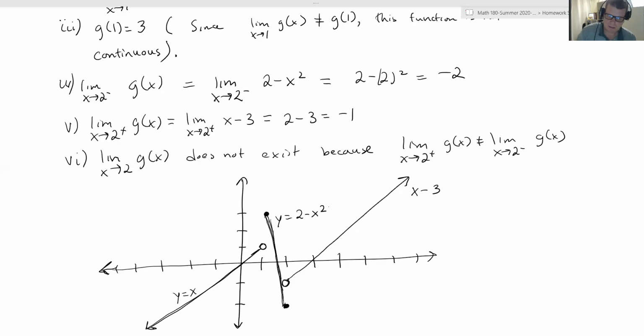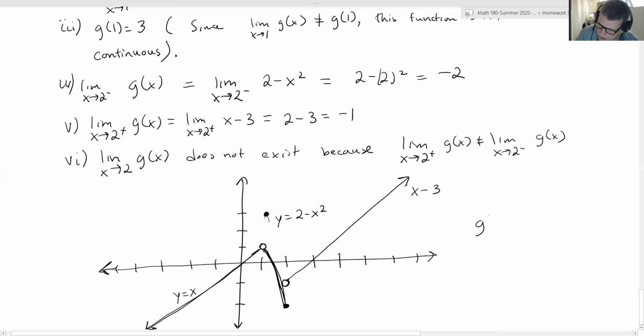Wait. That's not what that looks like. Remember, it actually goes right here, doesn't it? The limit as x approaches 1 is actually equal to negative 1. It's just that we have this jump discontinuity up at the top. Nope.